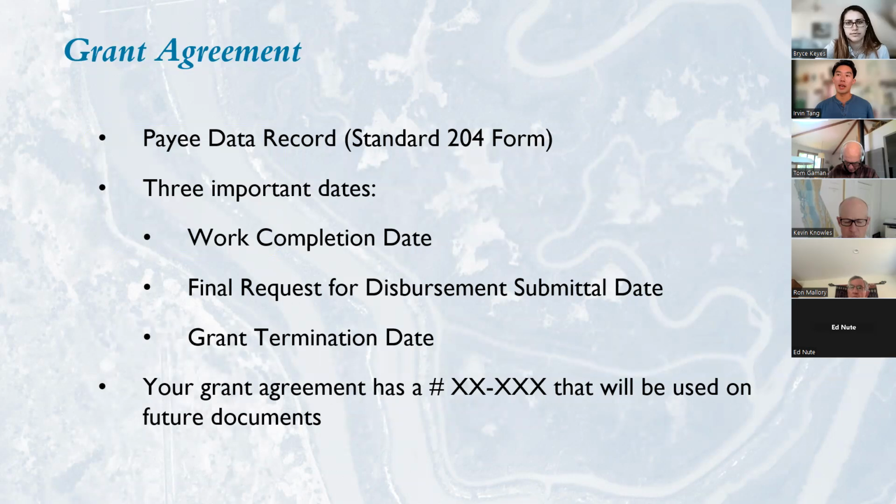That is the date that all of your work that you plan to build with the Conservancy needs to be completed by. For all three of these dates, we do offer some room for flexibility, but since the grant agreement is a legally binding contract, any changes to the grant agreement will require a formal amendment process, which will take time.